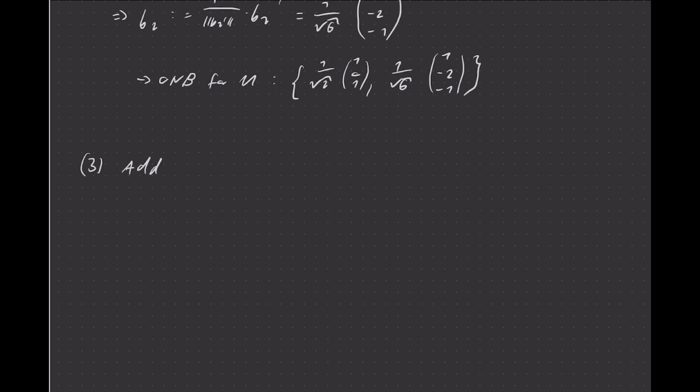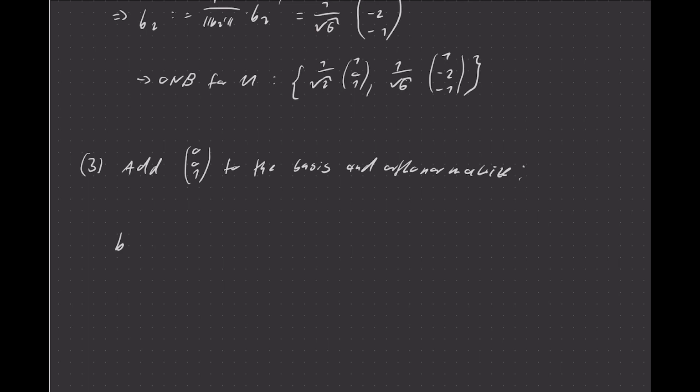We add a vector that we believe yields a basis with those two here. So we just add that to the basis. And then we orthonormalize again.